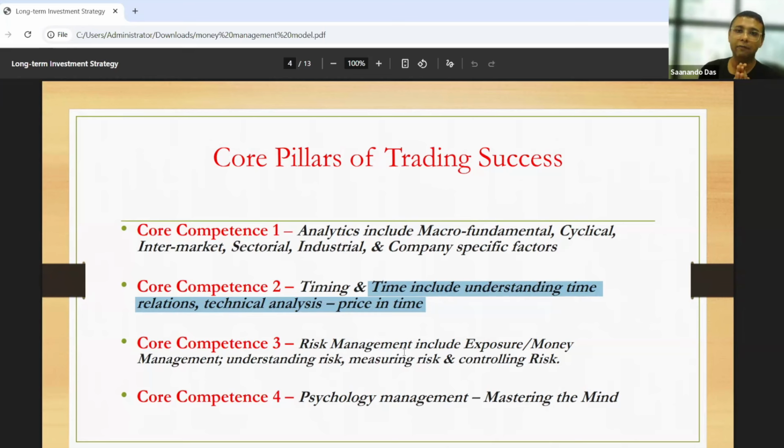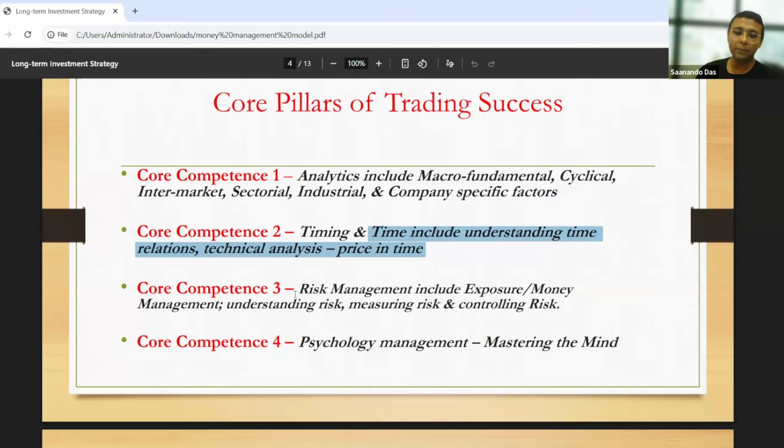How timing and time affect your trading and investment decisions as well as performance. So you'll have to have a tool which will make you a better timer as you are investing into stocks. That part I do with my Rainbow setup.